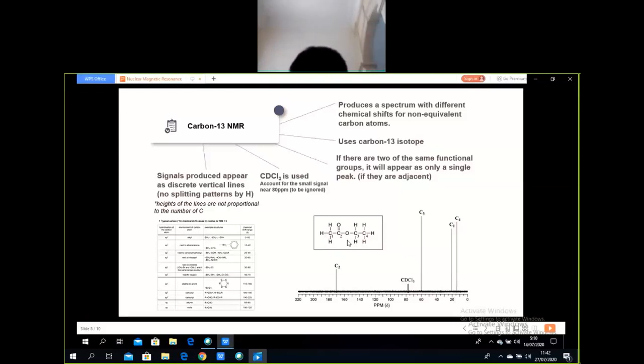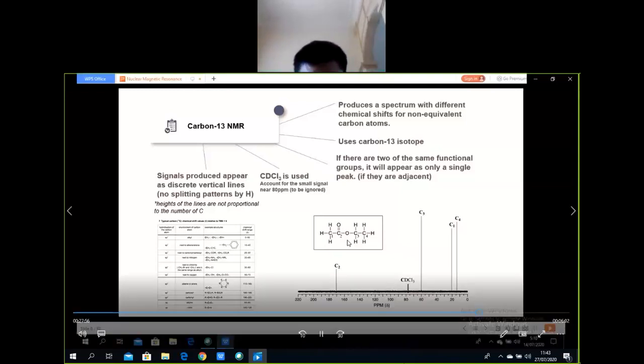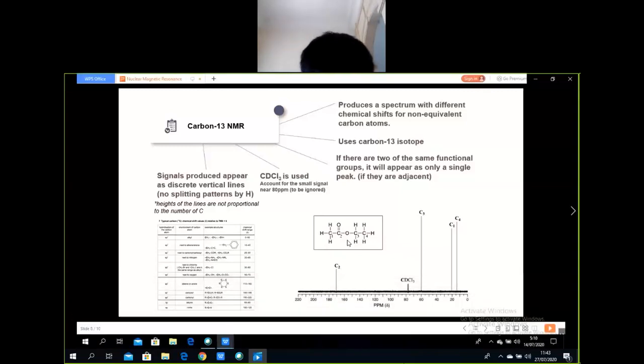There is a spectrum here, and then there is a CDCl3 solvent. The solvent used to prepare the sample for carbon 13 is CDCl3. D stands for deuterium. Deuterium is a hydrogen isotope.